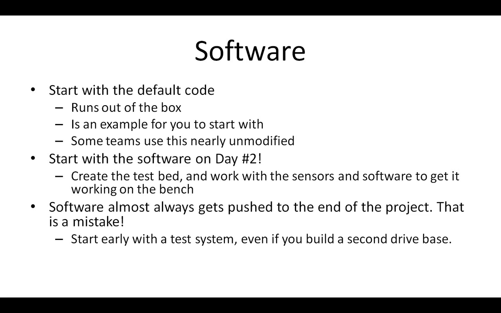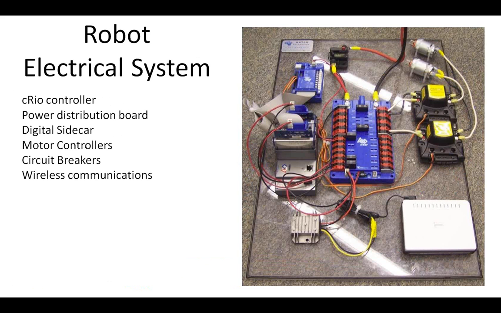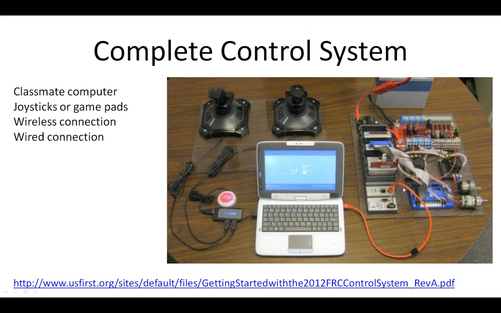I highly recommend that somebody starts working on the software on day number 2. So get it set up just like they did on this bench. Or actually, what we really want you to do is consider doing this. See if you can set this up, and you should start doing this immediately.